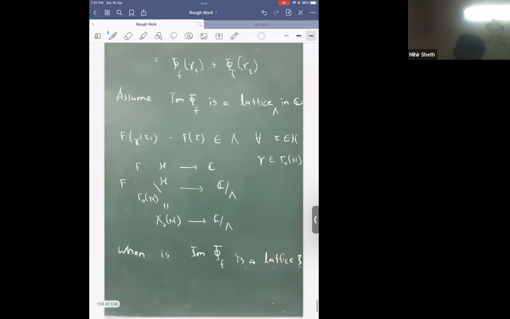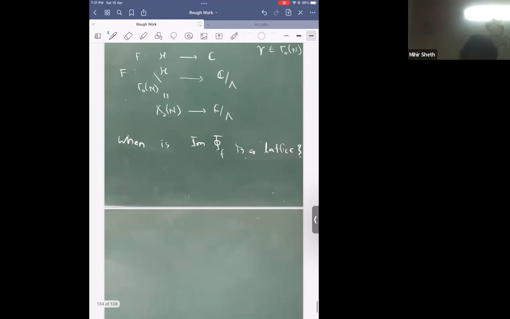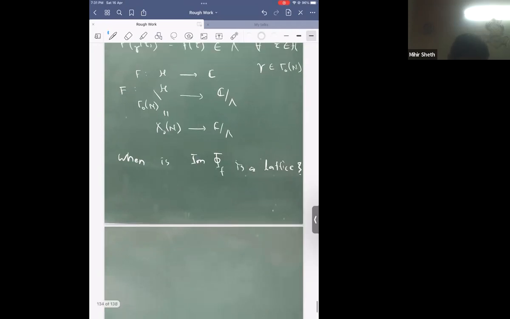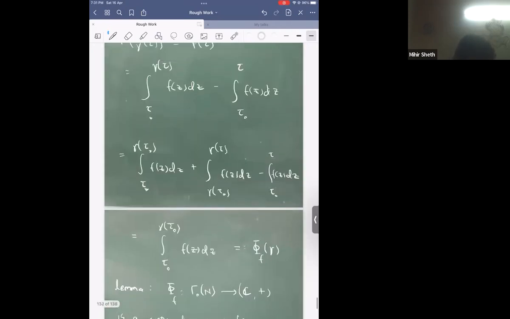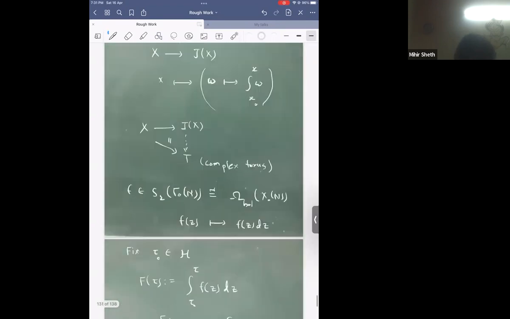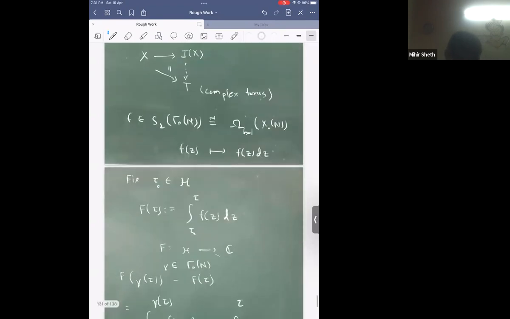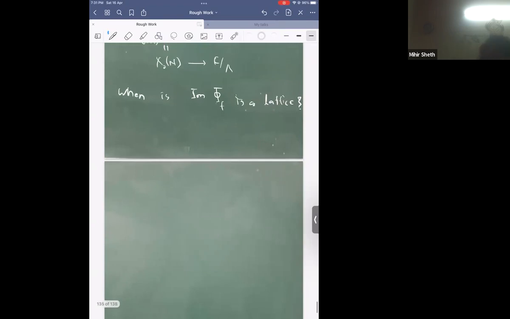But now the main work of Eichler and Shimura is this: recall that this phi of f makes sense for any f in the space of cusp forms. But the main point of Eichler and Shimura is that when you take f as a normalized Hecke eigenform with rational coefficients, the image is always a lattice. So that's the main part of Eichler-Shimura theory.